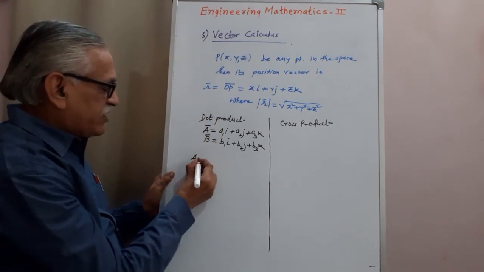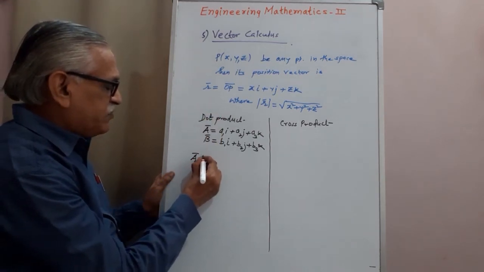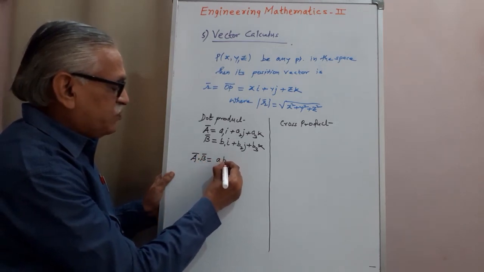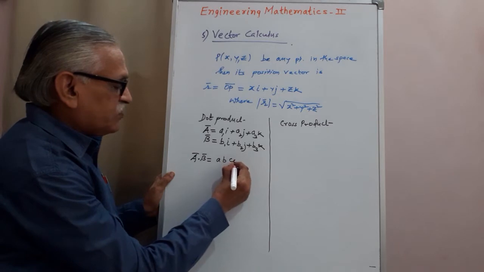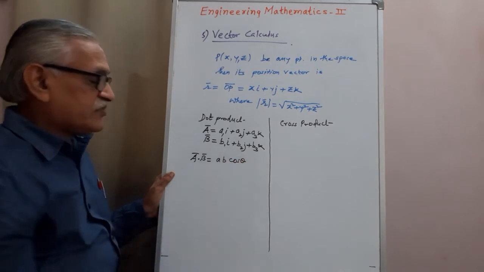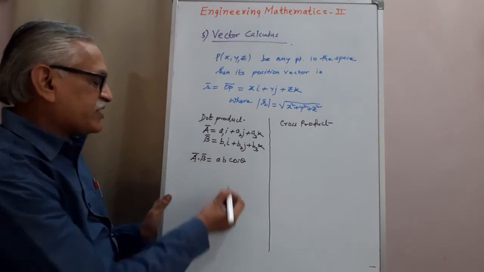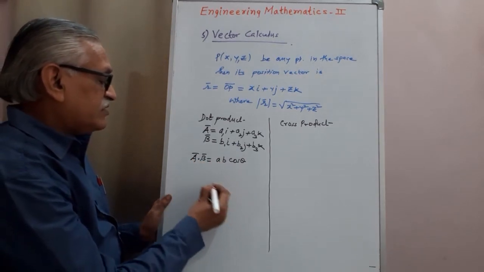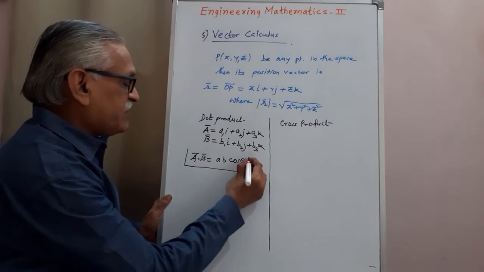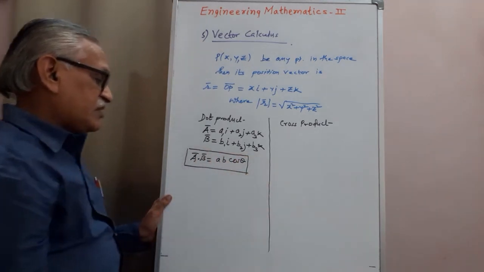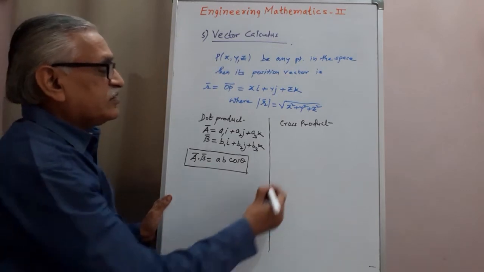Vector A dot vector B is defined as a b cos theta, where small a and small b are the magnitudes of the two vectors, vector A and vector B. This is the definition of the dot product.